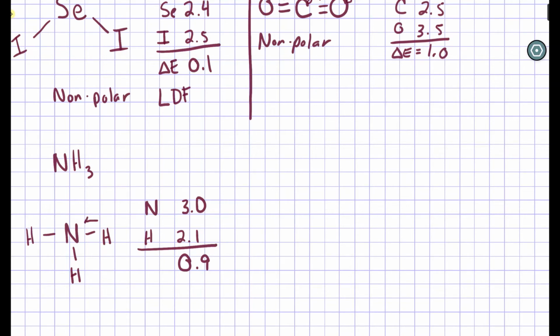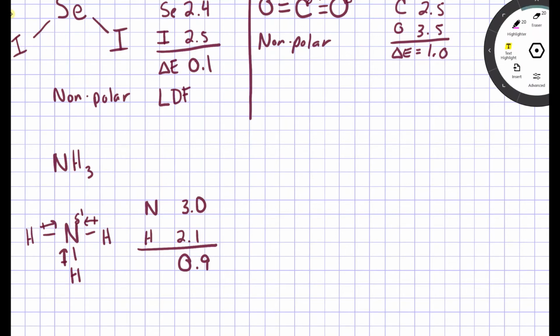I want to know, is this a polar molecule? First, I'm going to draw my dipoles. Remember, we're going to draw the arrow in the direction of the more electronegative element because that's where the electrons are spending more time, making it a slight negative charge, and making my hydrogens a slight positive charge.